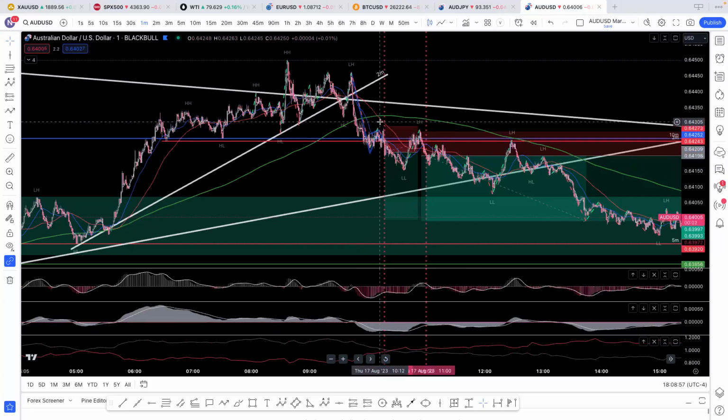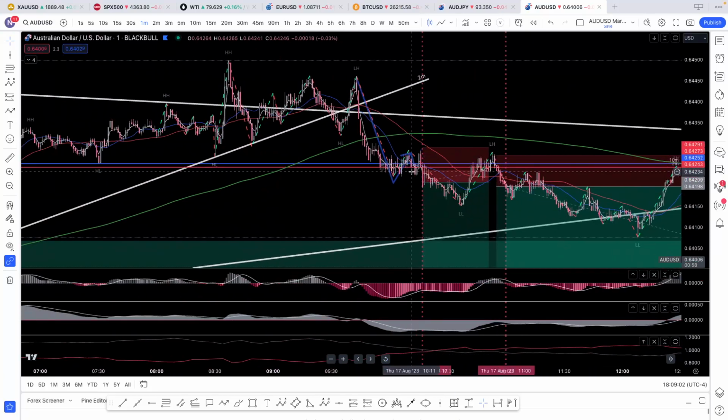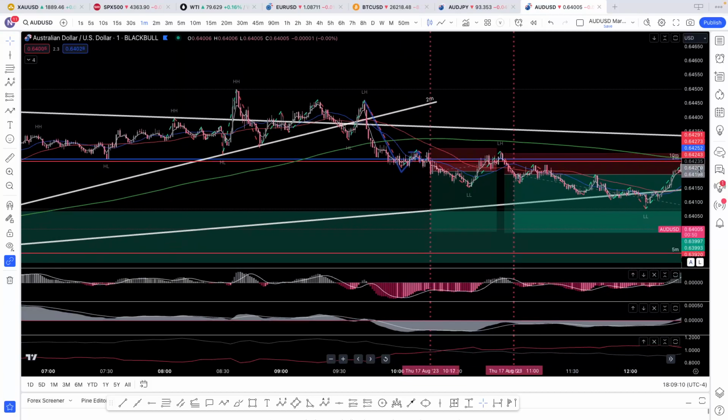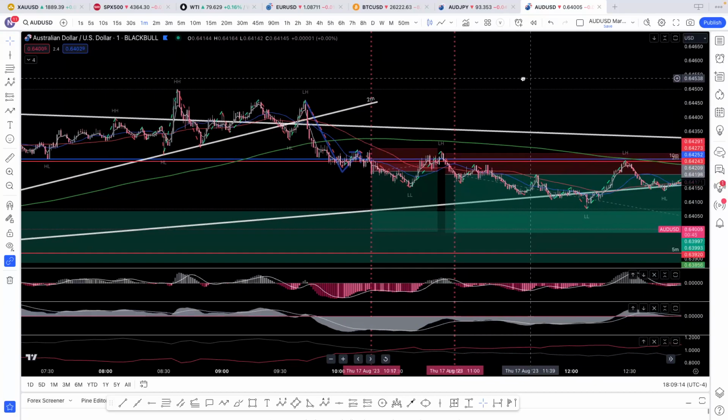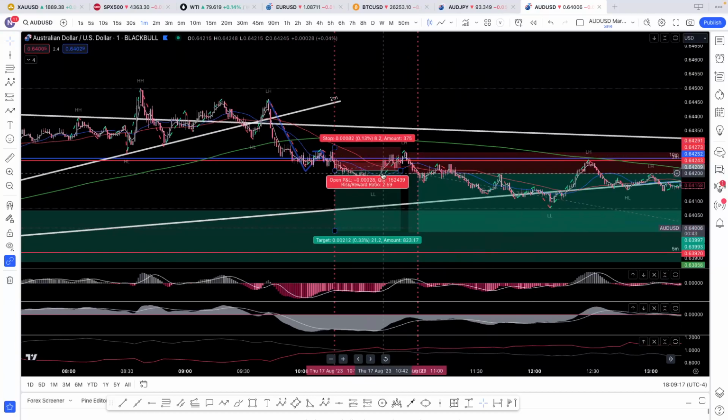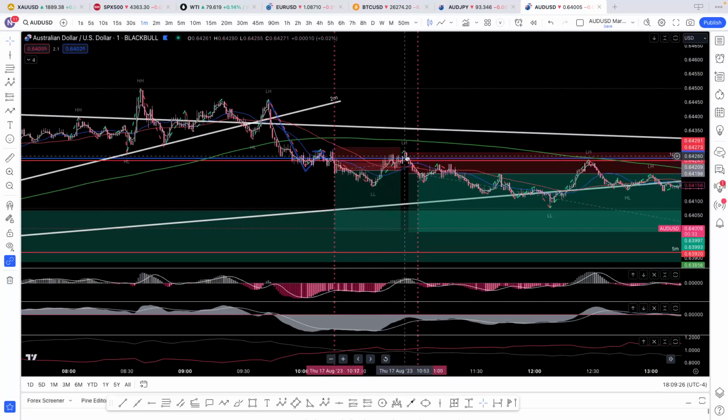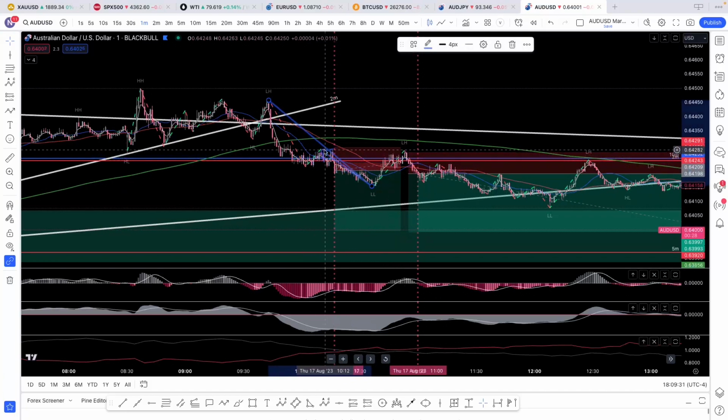Everything looked great. Price had closed on the impetus level, and so I just went in for the sell, and price took me out. So I waited a bit longer, and the 5-minute was still showing bearish, and I saw this retest here, and I was like, okay, what I didn't do was wait long enough for the retest to happen.